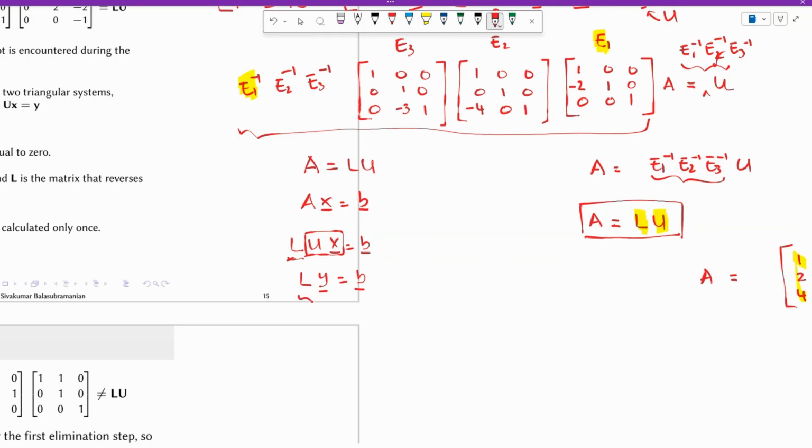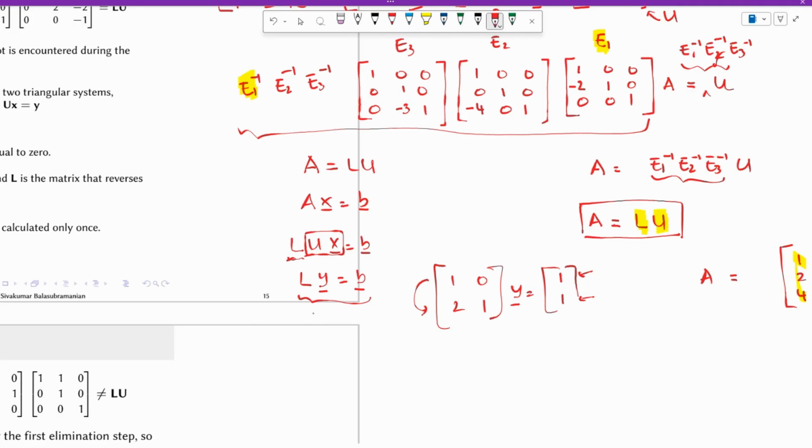We first solve this equation, Ly equals b. Because it's lower triangular, it's like this: 1, 0, 2, 1. I'm giving you an example. This is the first equation. The first equation only has y1, the component of y, so there you know what the value of y1 is. Then you substitute y1 in the second equation, and you can get the value of y2.